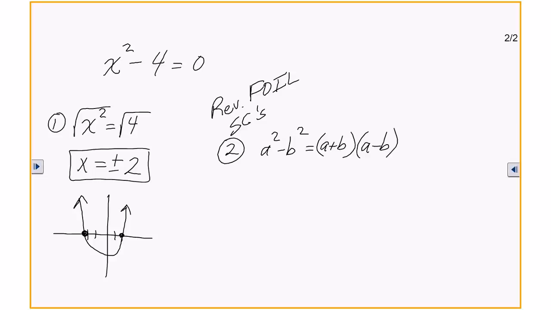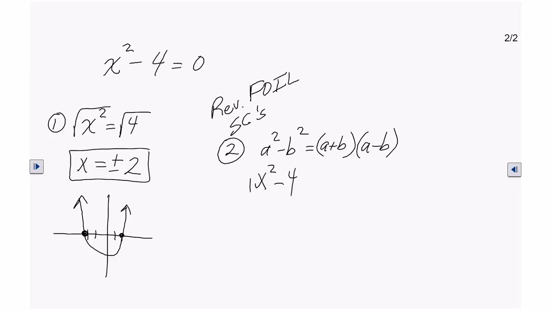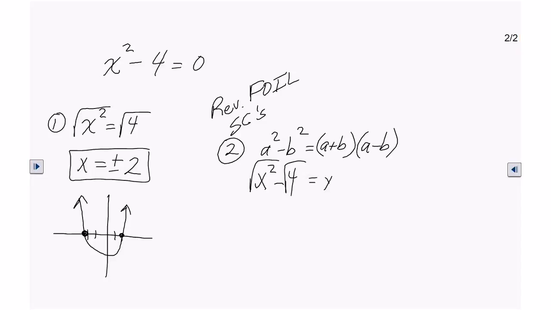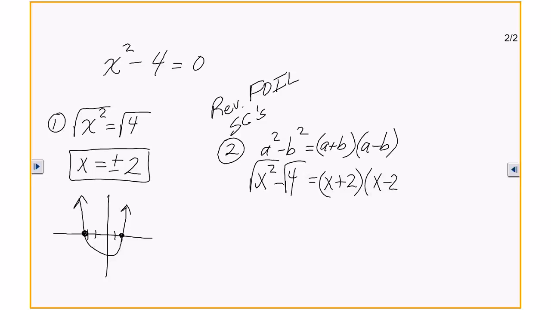And you would say, okay, that would be x squared minus 4. So take the square root of that term and the square root of that term. That's going to be x plus 2 times x minus 2. So that's another way you could solve that equation.